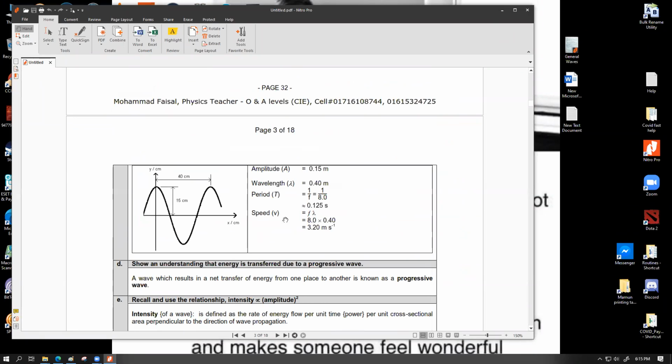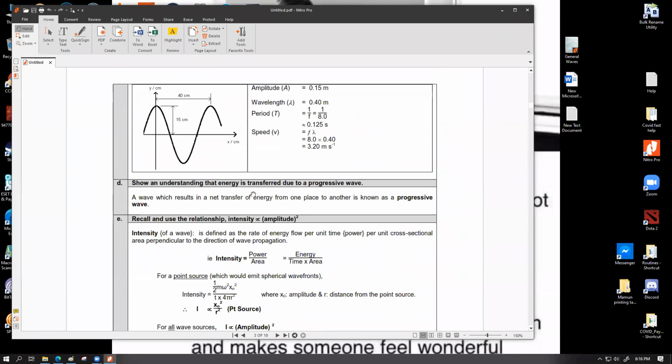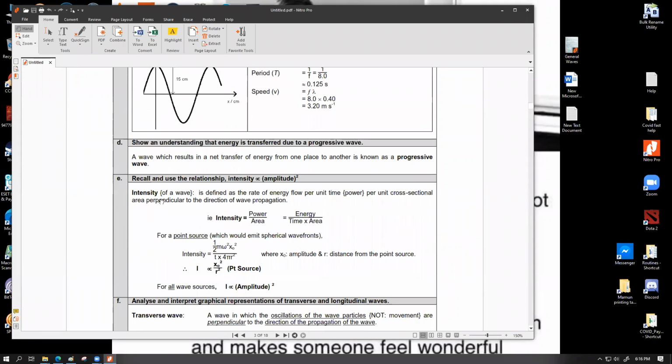Recall and use the relationship that intensity is proportional to amplitude squared; this we will need. Intensity is defined as the rate of power flow, the rate of energy flow per unit time, which is power, per unit cross-sectional area, perpendicular to the direction of the wave propagation. It means power over area.